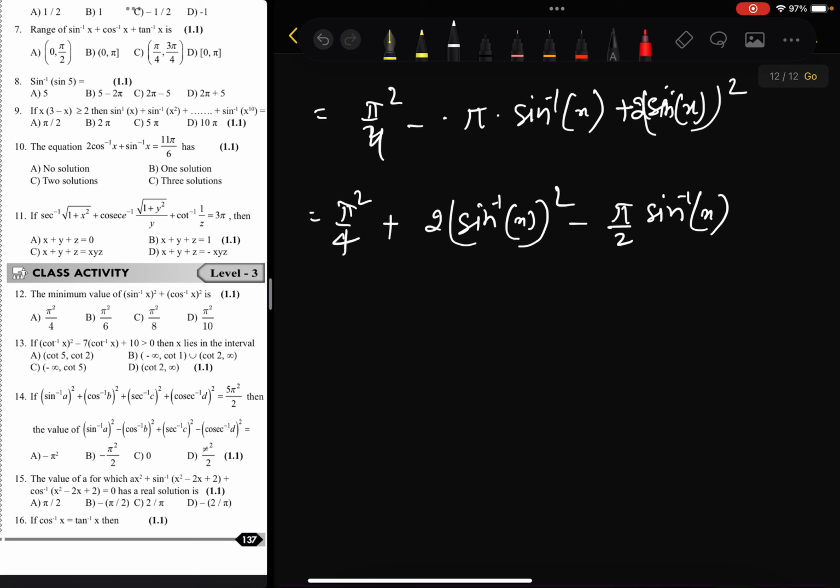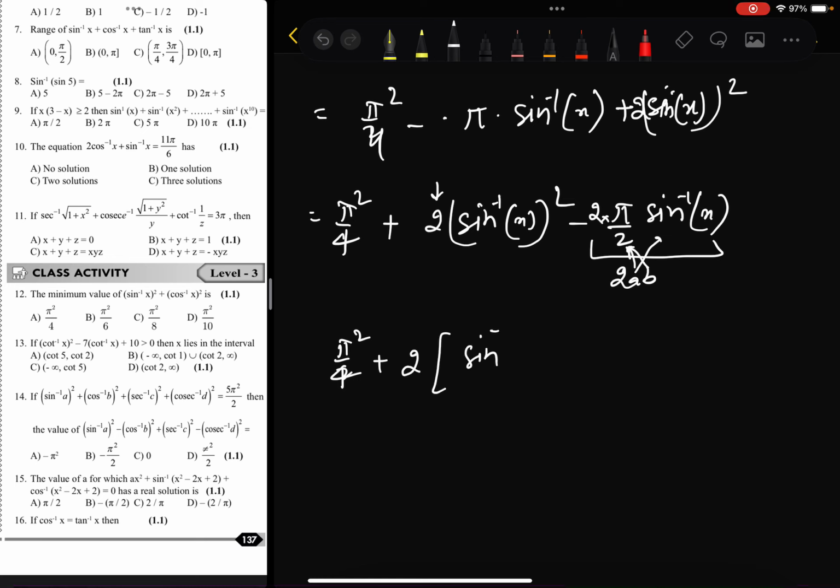To make this a perfect square, I have to multiply and divide by 2, because this term should become 2ab, right? So suppose this is our b and this is a. So pi square by 4 plus, because 2 is also here as the coefficient of sine inverse x square, I am taking 2 common.